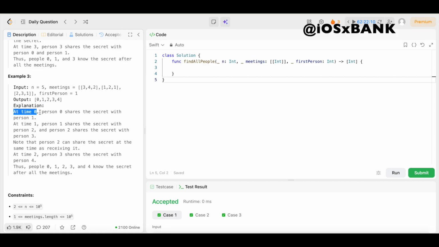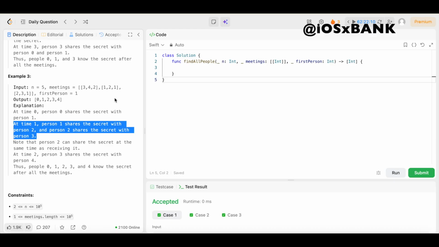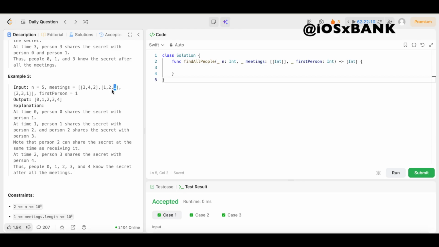It says at time 0, person 0 shares the secret with person 1, right? It says firstPerson equals 1. That means 1 is the first person to get the secret. Boom. It says at time 1, person 1 shares the secret with person 2, and person 2 shares the secret with person 3. So this is another one of those cases where we have 2 meetings at 1.